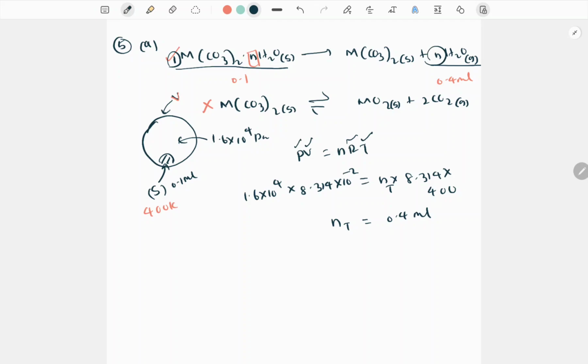The 1 to n ratio should be equal to the amount of crystalline water reacted, 0.1, to the amount of H2O gas formed, 0.4. We knew that n total equals only the moles of H2O. From this one, n can be found as 4.